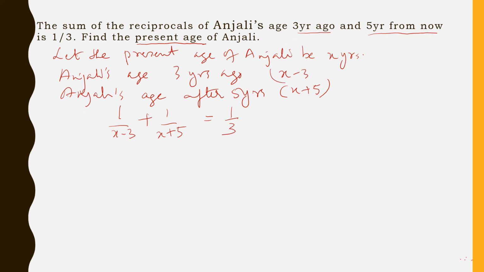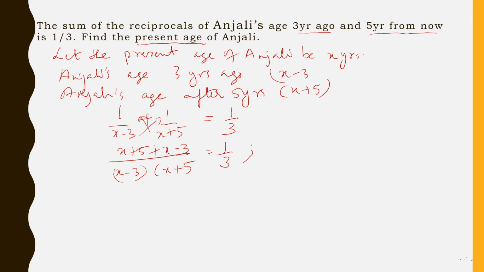Now, what we can do here is just cross multiply or take the LCM and do it. So, x plus 5 plus x minus 3 divided by, when you multiply the denominators, it will be x minus 3 into x plus 5, and this is equal to 1 by 3.